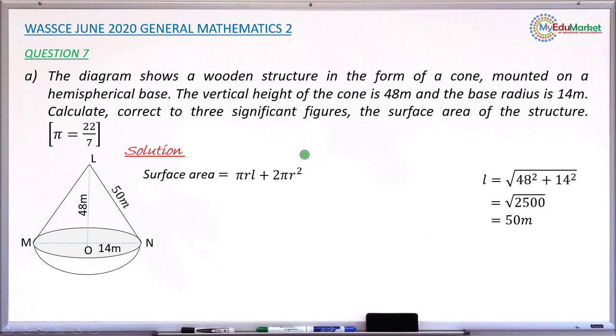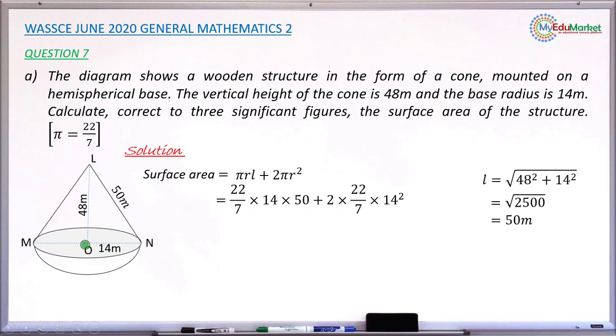So I can come to my formula and substitute my pi, my r, and my l. If done correctly, you will have 22/7 for pi, multiplied by 14, that is your r, multiplied by 50, that is the slant height. This gives you the curved surface area of the cone. Then plus, substituted in the second part of the formula, the curved surface area of the hemisphere: 2 multiplied by 22/7, your pi, multiplied by 14 squared, that is r squared.